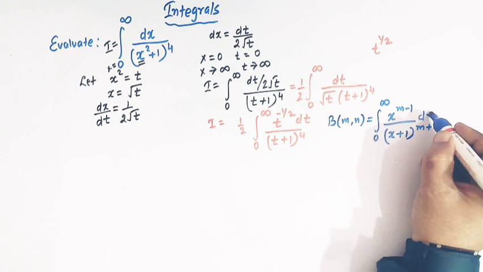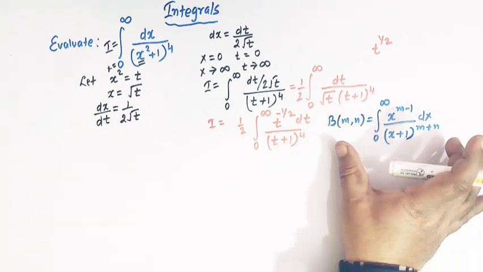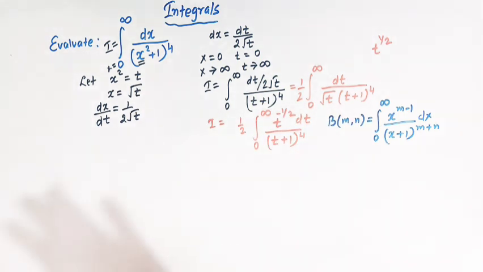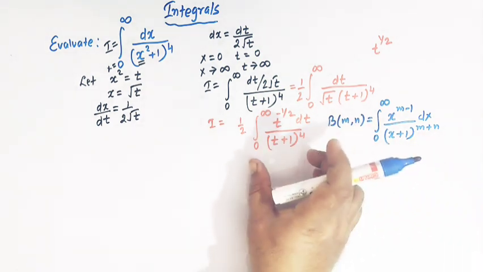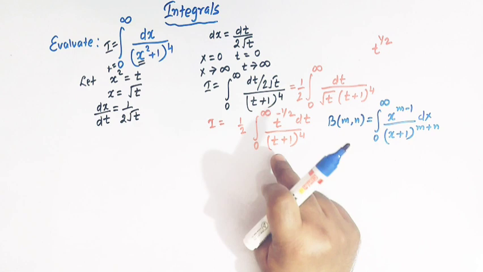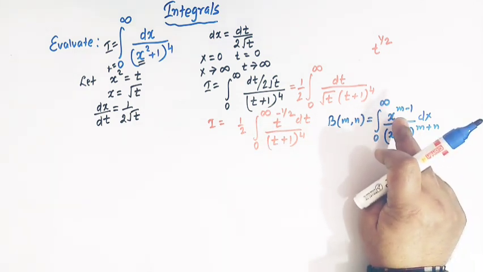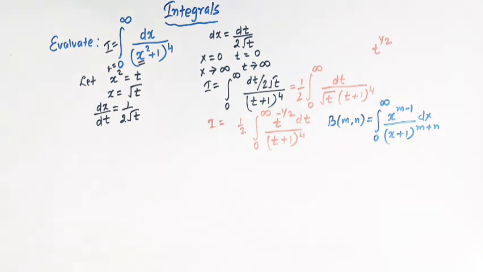So the beta function is defined by this integral. So our next aim is to compare this integral with this one by finding out the values of m and n.